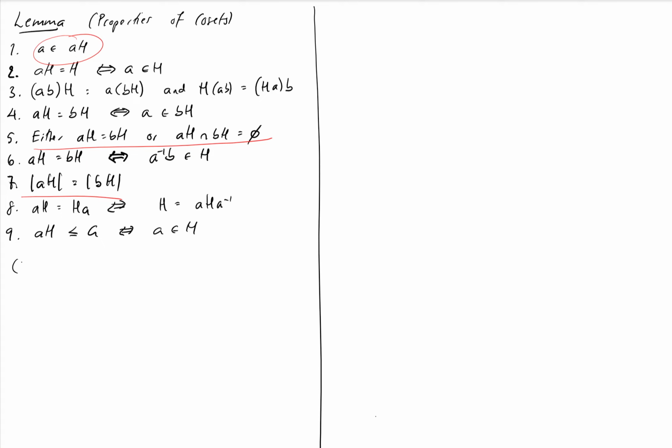So 1, 5, and 7 imply that the cosets partition the group into equal size subsets.